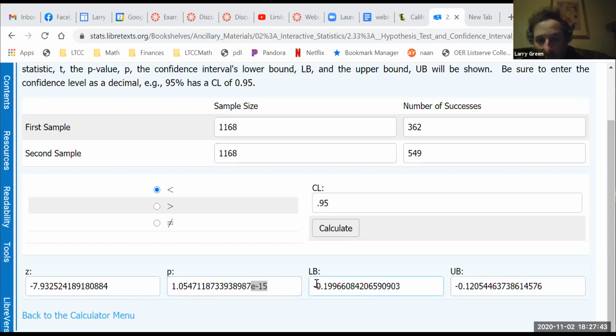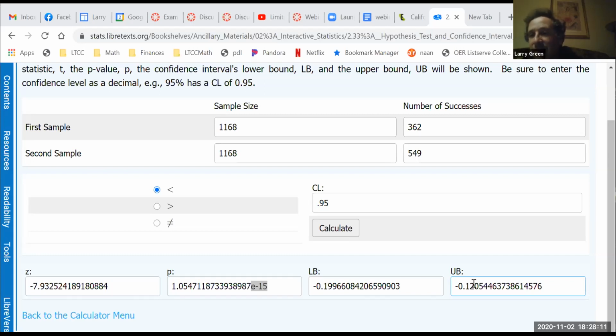Okay. I want to look at the confidence interval and notice it goes from negative 20% to negative 12%. Now, when talking about the confidence interval, I think it's easier to go to positives than negatives. If it's negative, that means the proportion of yeses is less than the proportion of nos.